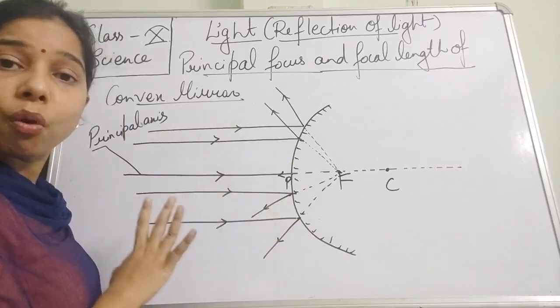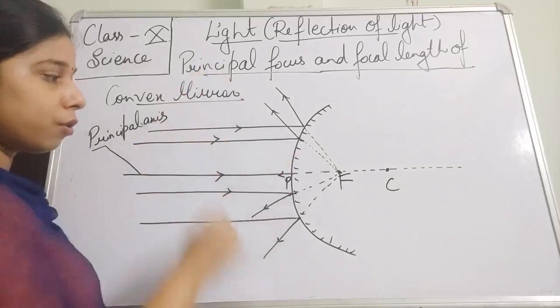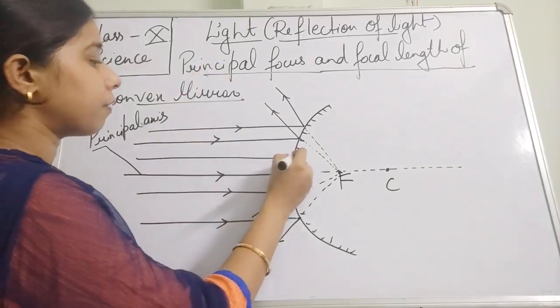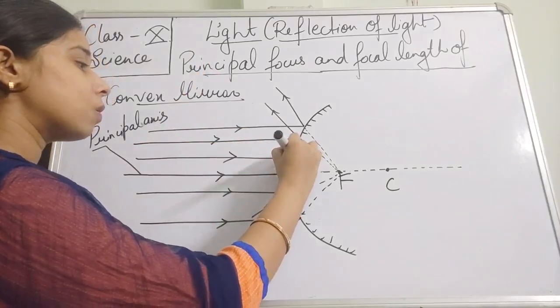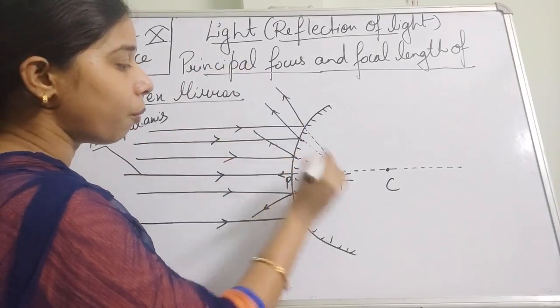That is the principal axis. You can take another diverged ray, students; it will also get reflected and finally they meet at a point here.